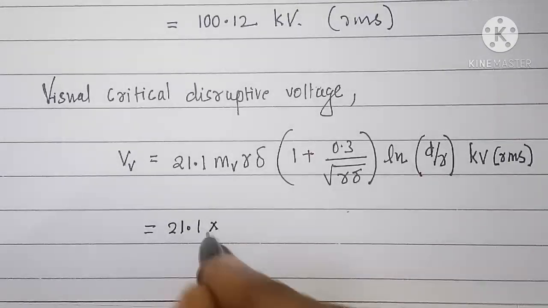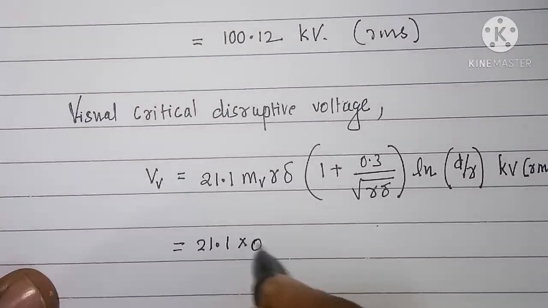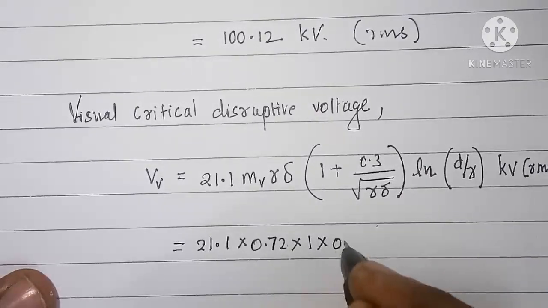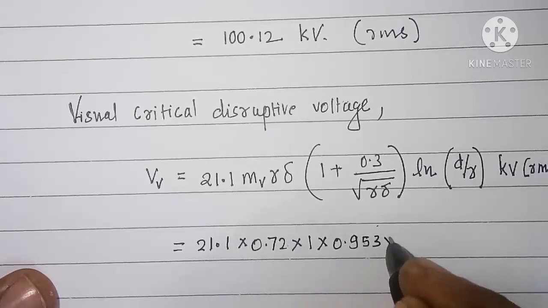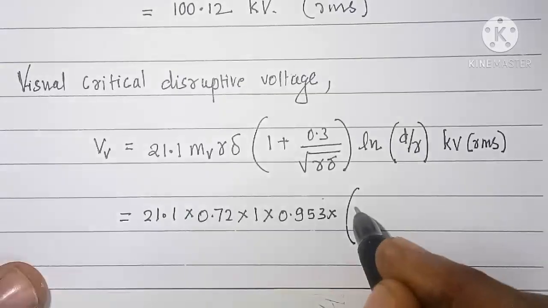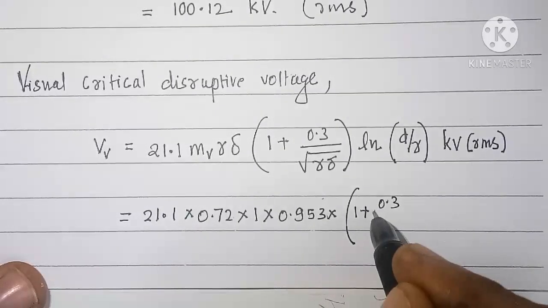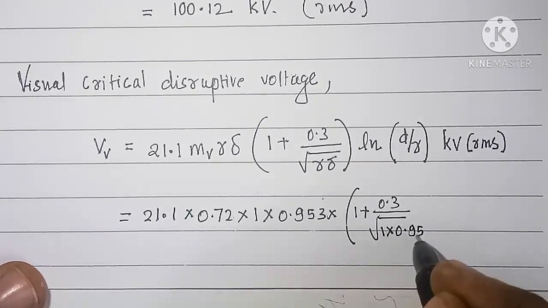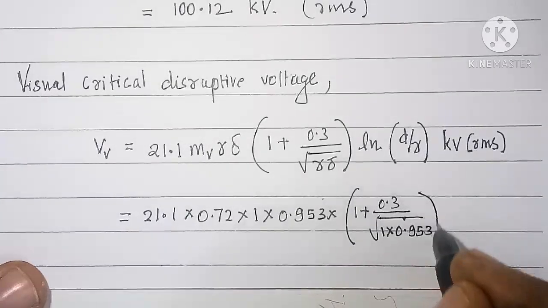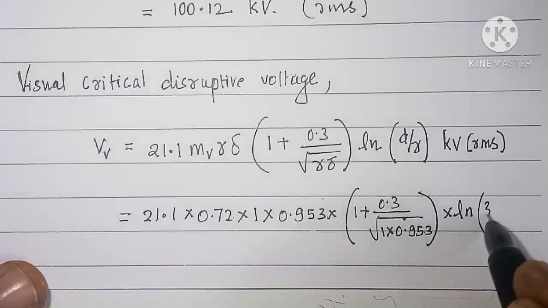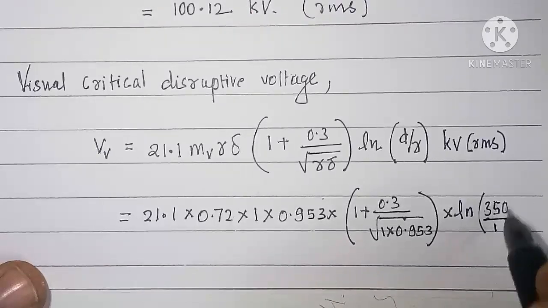Substituting the values, 21.1 into 0.72 into radius is 1 centimeter, 1 into delta is 0.953 into the bracket 1 plus 0.3 divided by under root 1 into 0.953, bracket complete, ln of 350 centimeters divided by 1 centimeter.